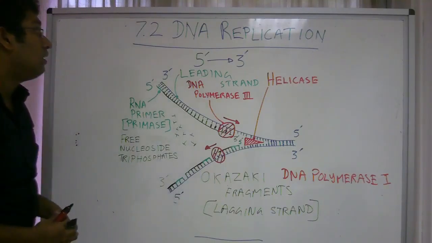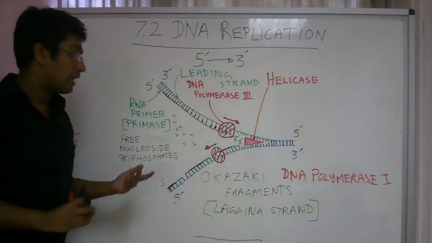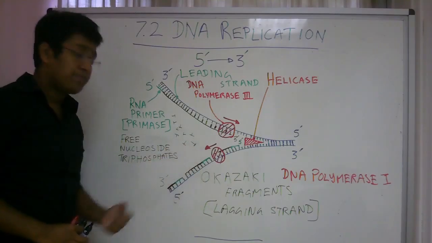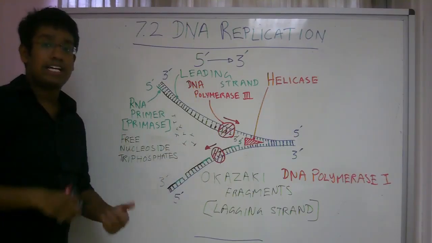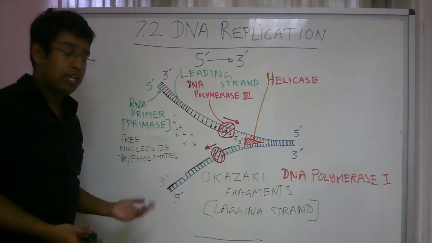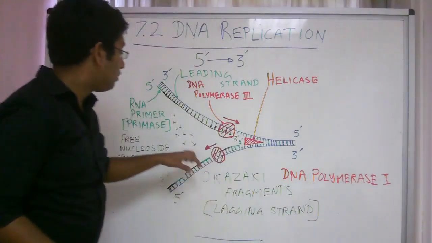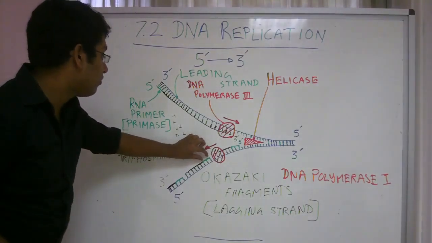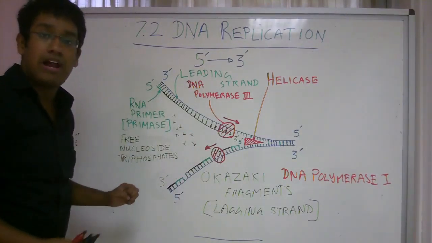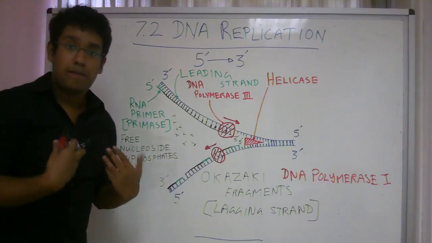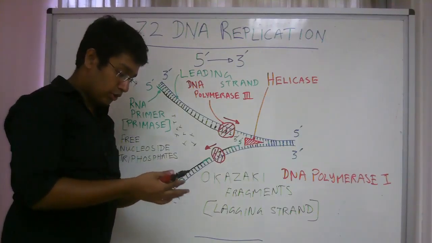Now, in the final product of DNA replication, you cannot have small sections of RNA located in between a DNA molecule. Therefore, you need a special enzyme, DNA polymerase 1, to selectively come and remove these little green primers and replace them with purely DNA nucleotides.